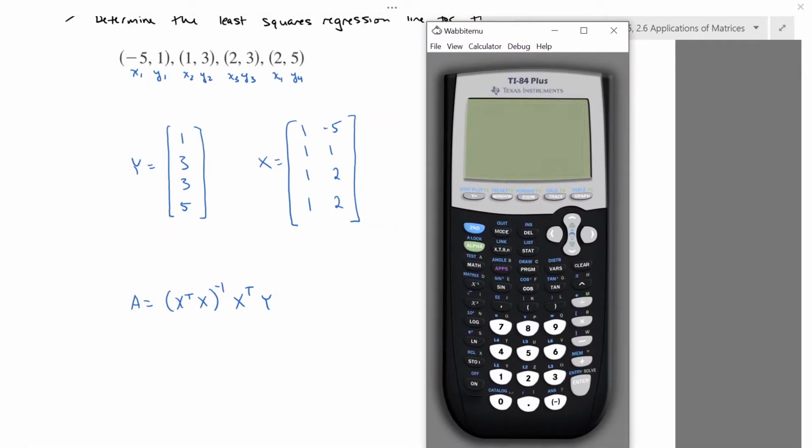So let's enter in the matrix for y. Y is a 4 by 1: 1, 3, 3, 5.